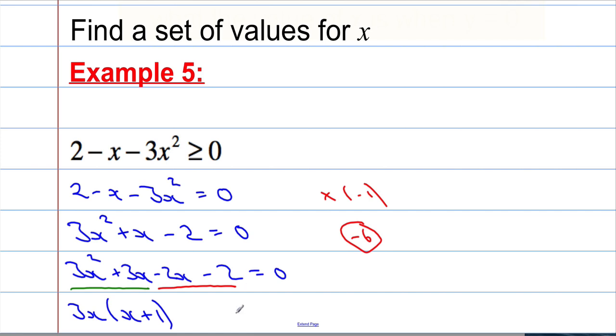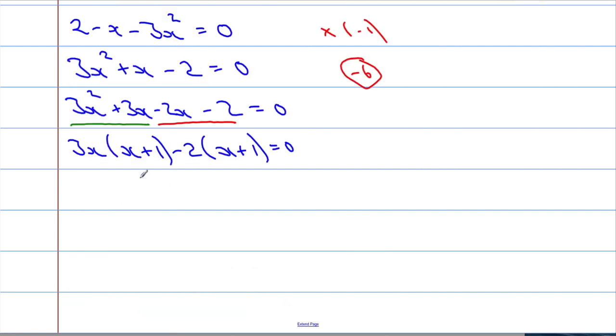And then over here I can factor out negative 2, and that will give me x plus 1, and that works out wonderfully. So what's common to both these now? I've got x plus 1 in both, so that can be factored out. So we get x plus 1, and what's that multiplied by? 3x subtract 2. And hence it's been factorised.